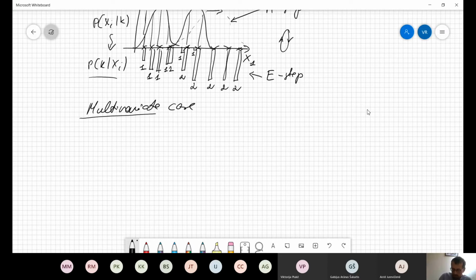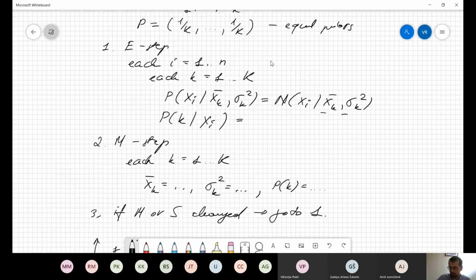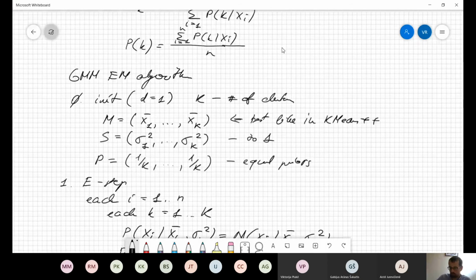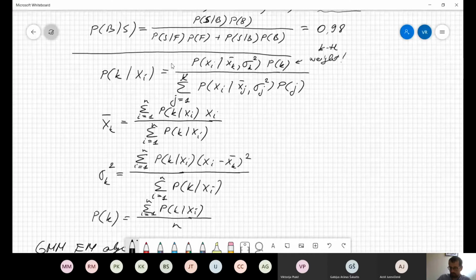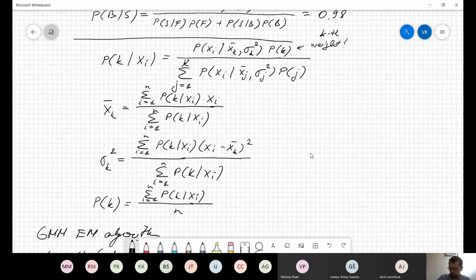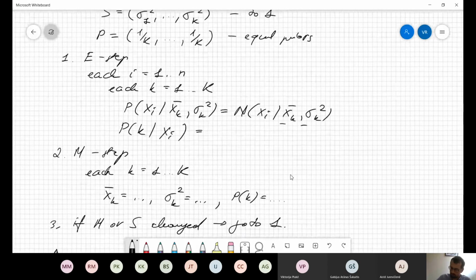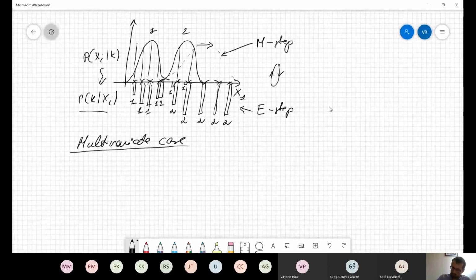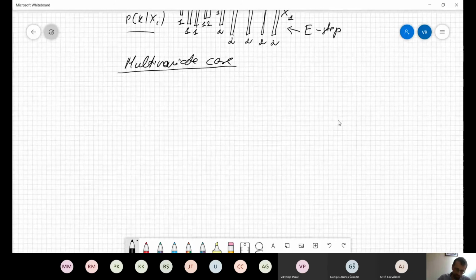We have all the formulas, this is the algorithm, all the calculation formulas for both posterior distributions, for the prior, for the center, and for the variance.